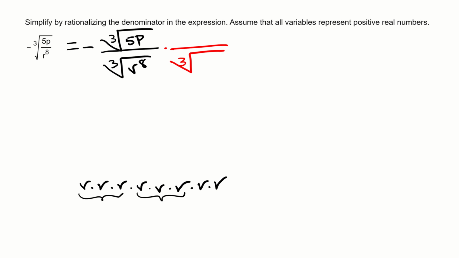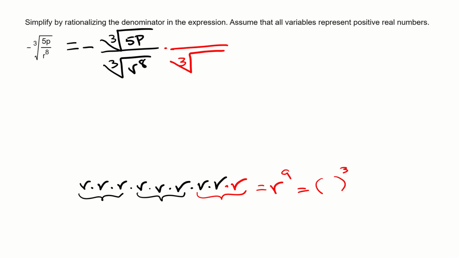There's a perfect cube right there. And there's almost the perfect cube, right? So what's missing is a single factor of r to turn r to the 8 into an r cube, because if we had that single factor of r, then this whole thing would have become r to the 9, which, as we know, is a perfect cube.